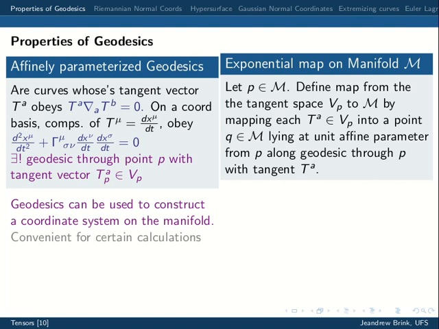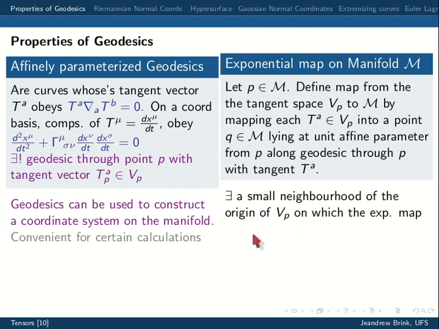And you can always do that, and it has useful properties. So you're literally turning each tangent vector into a new point on your manifold. And then what you can show is there exists a small neighborhood of the origin of V_P, in other words, around P, on which the exponential map is defined.